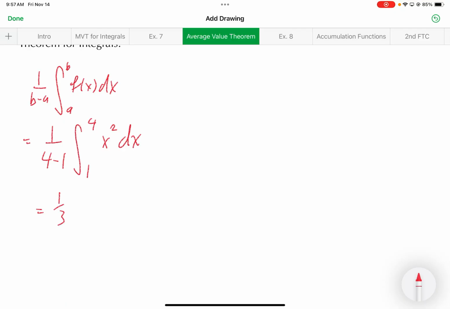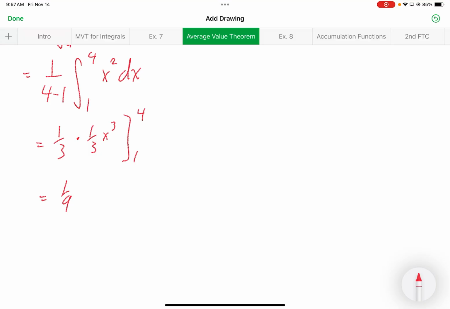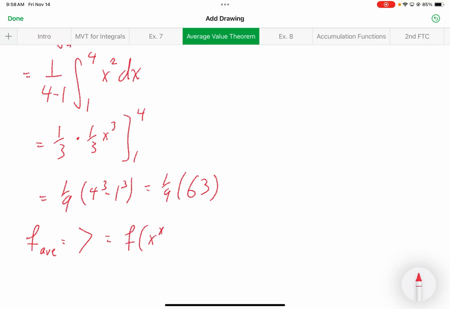And then the antiderivative of x squared is 1/3 x cubed, evaluated from 1 to 4. So I would get a 9th times 4 cubed minus 1 cubed, which is a 9th times 63. It ends up being 7 because you divide by 3 two times. So we get that our f average was just equal to 7, which we saw before was what f of x star was equal to.